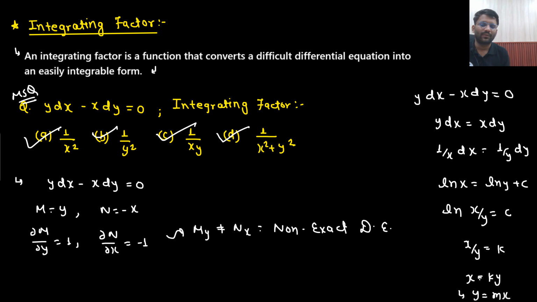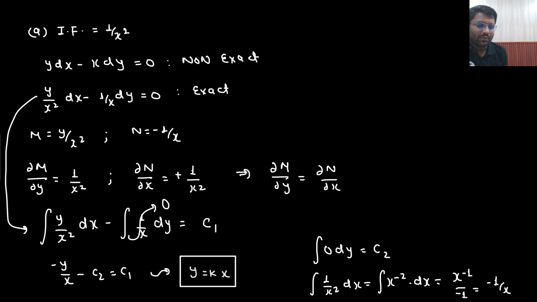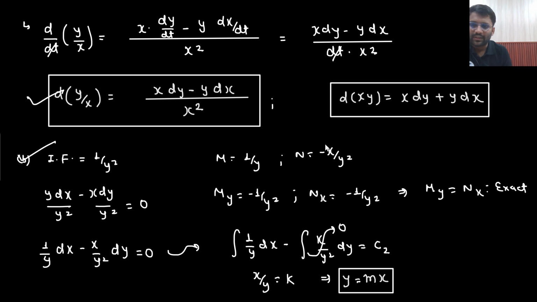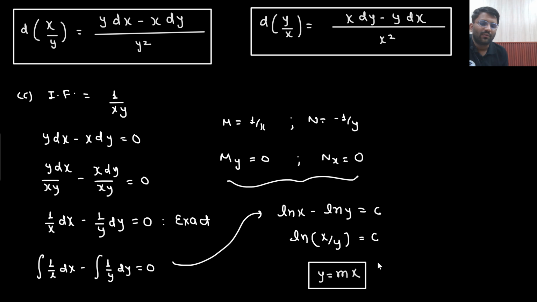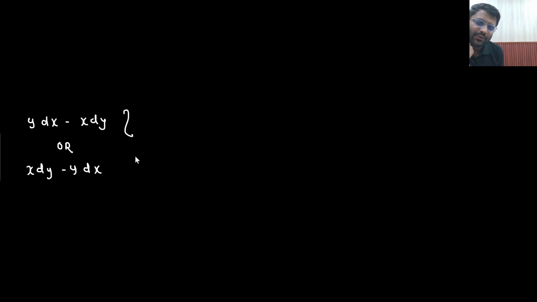This was the proof. Sir, why did you teach all these things? What is the meaning of this particular thing? So let's write down everything. Whenever you see y dx minus x dy, or you see x dy minus y dx, whenever you see these two guys, the minus sign is important.